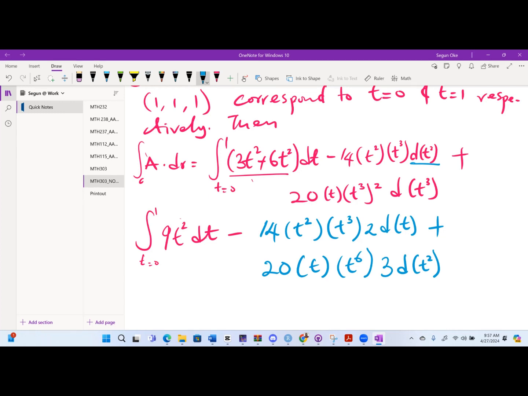So, if I want to do it now, it's going to be the integral of t from 0 to 1. This will be 9t squared dt. The next one will be what?